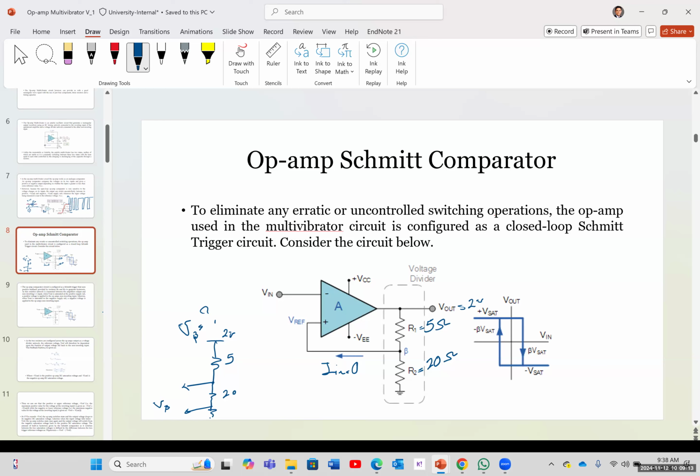Yes, what is it, 1.6? Yes. So it's a simple voltage divider. V beta would be equal to 2 times 20 over 20 plus 5. So it's 40 over 25, which gives us 1.6.